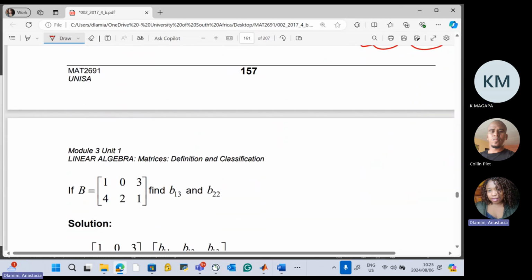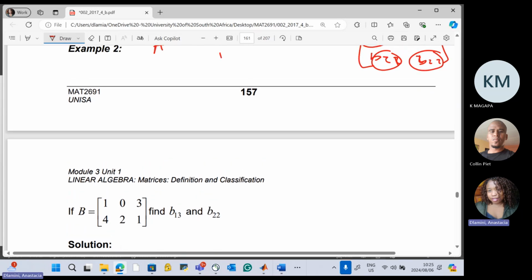Now they say that if you have a matrix B, they want you to find B13 and B22. So meaning that they want you to find an element in the first row, third column. So B13 is an element in the first row, third column.